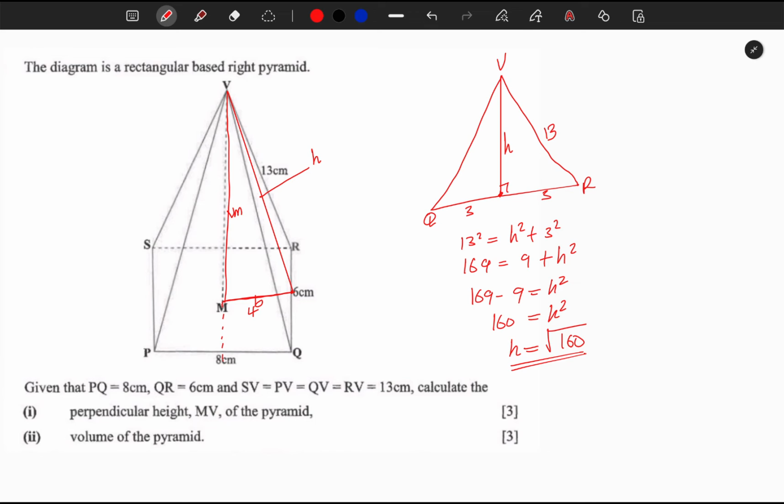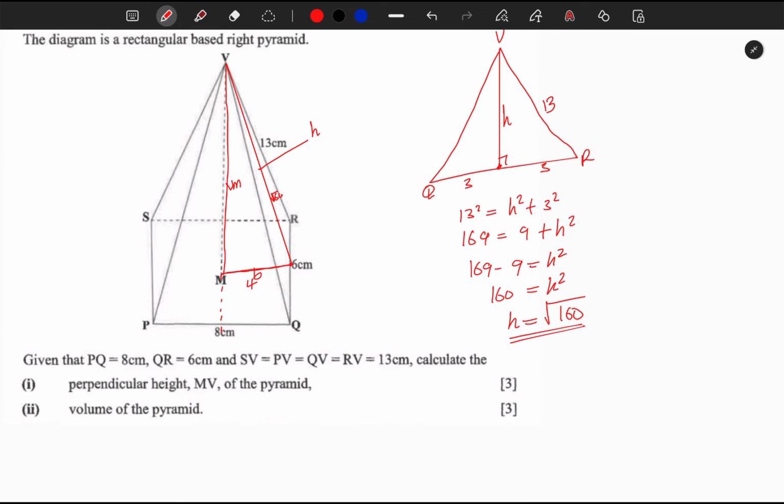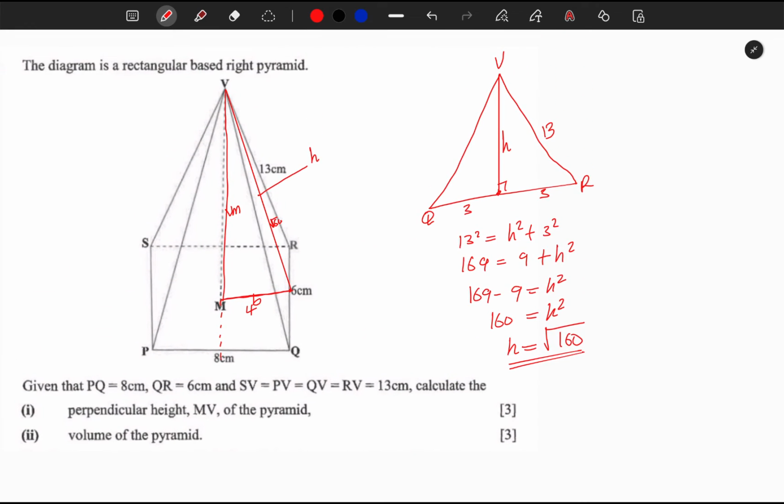Then root of 160. We can again use Pythagoras theorem. We're having a triangle where the bottom part is 4, half, because it's in the middle, and this one is root of 160. So we're looking for this one here.